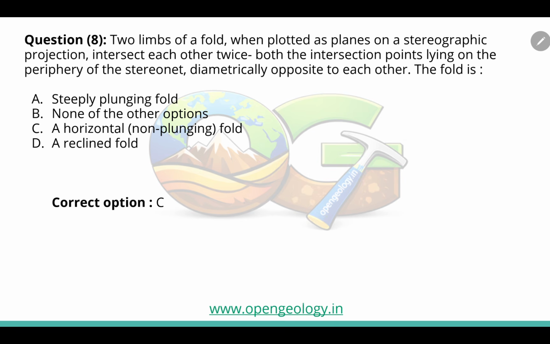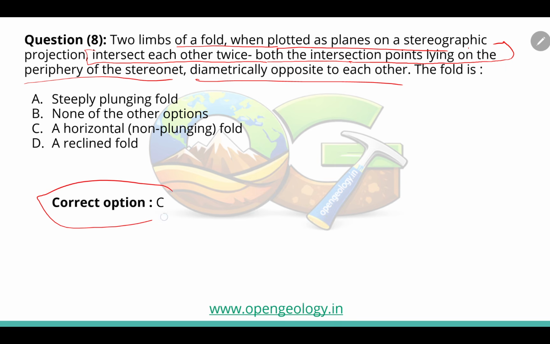Now another question, question number 8. Two limbs of a fold, when plotted as planes on a stereographic projection, intersect each other twice before the intersection point lying on the periphery of the stereonet and diametrically opposite to each other. Now you have to understand that this is a horizontal non-plunging fold.